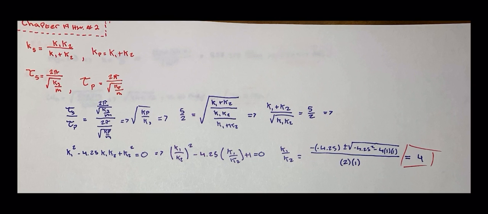We know that the series period over the parallel period is 5 over 2. And we can use that to continually simplify. And we'll go on eventually to get to a point where we use the quadratic formula to solve for what the ratio K1 over K2 should be, and it turns out to be 4.